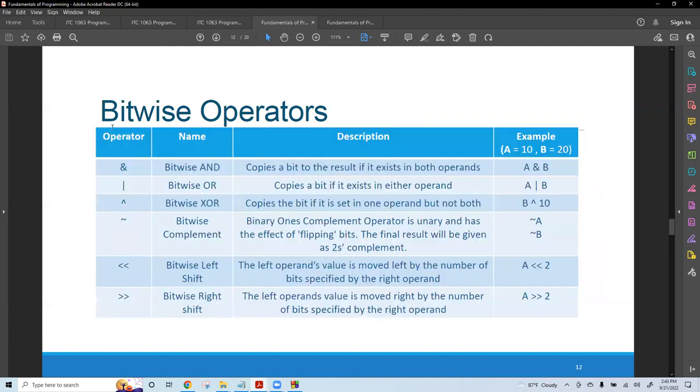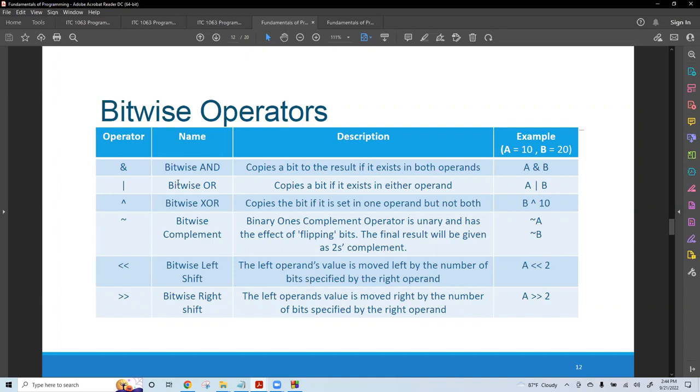So this bitwise operators. These are rare actually, right? In our general programming, we don't use them much. However, those are used in some cases, especially in system related programming, using C language.